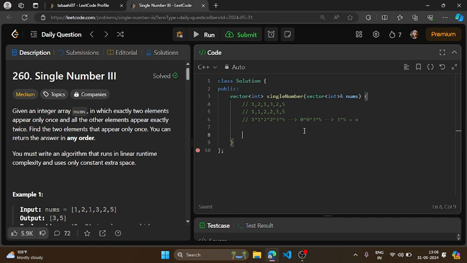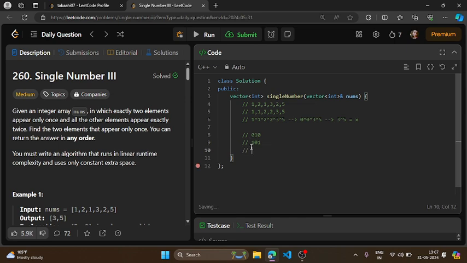Now, as you know, let us suppose I'm given two numbers. Our 3 is 0 1 1, and our 5 is 1 0 1, something like this is the binary representation.